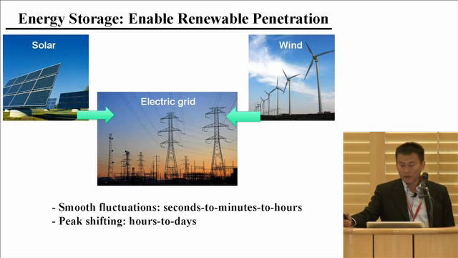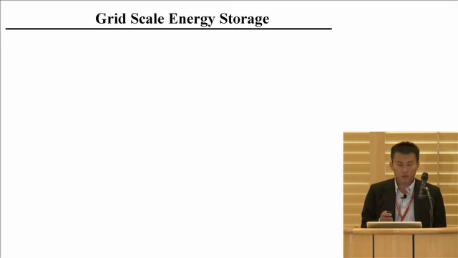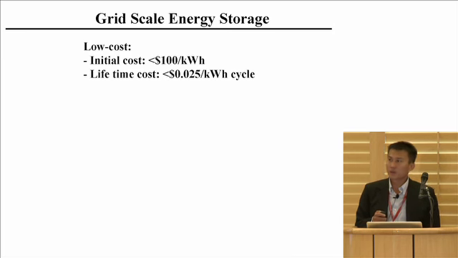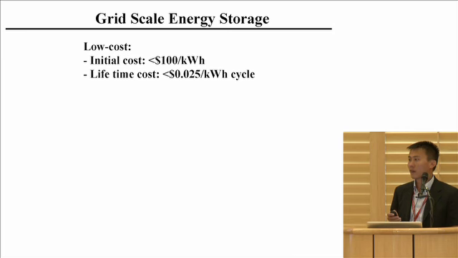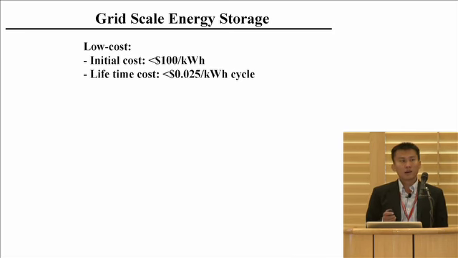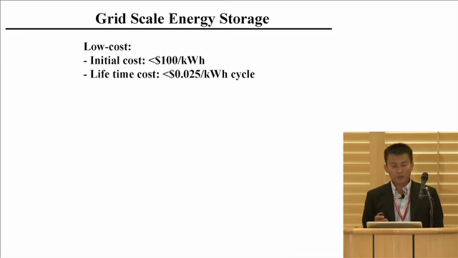With this in mind, let's look at what's really needed for grid-scale energy storage compared to the batteries we know about. What's the difference? First of all, you need it to be low cost, because the scale of the problem is too big, and if the cost doesn't meet the requirement, there's no way you can implement this at large scale.